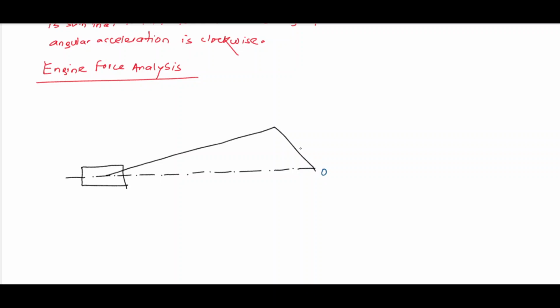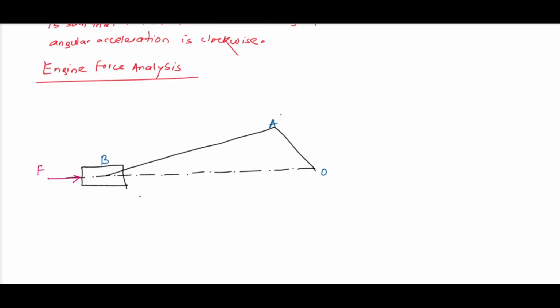Okay, so let us mark all the points on it. So this is O, A, B, usual. Now the different forces acting on it can be marked as, first, a force acting in the cylinder is denoted by F here, which is the piston effort.